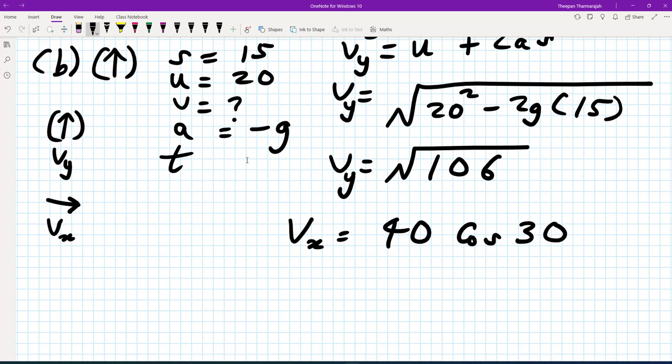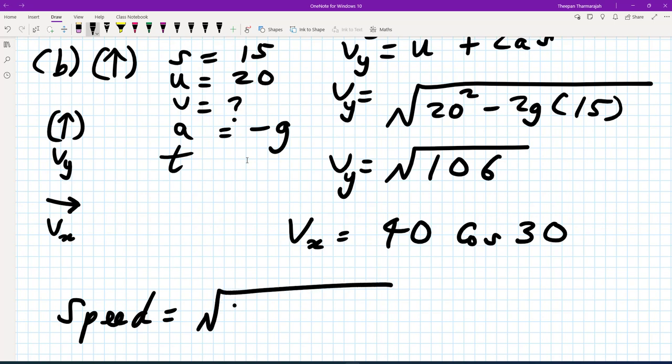Now, as I've always alluded to in this video and previous videos, speed is the magnitude of velocity. So we're going to have to use Pythagoras. It's going to be the square root of Vx squared, as in the horizontal component of velocity squared, plus the vertical component of the velocity squared.